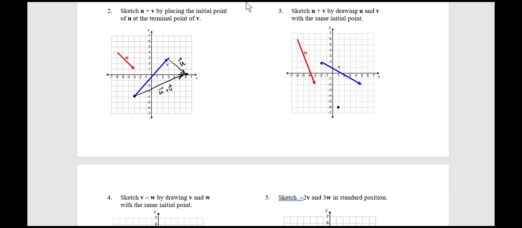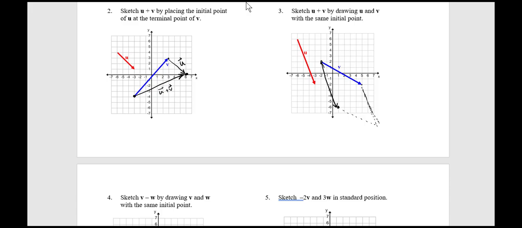So let's see what we get. It's rough, but that's my vector. And so we know to add these from drawing tail to tail this way, we need to repeat each of these vectors to kind of complete this parallelogram. And this is going to go a little bit further down than what the graph shows, but that's okay.